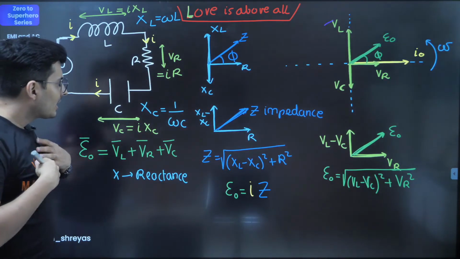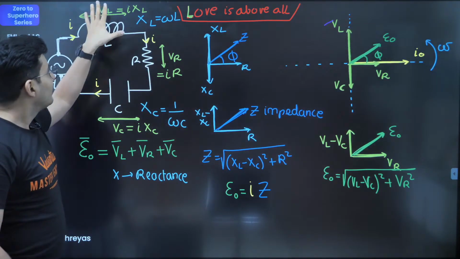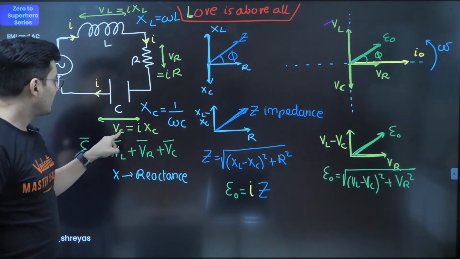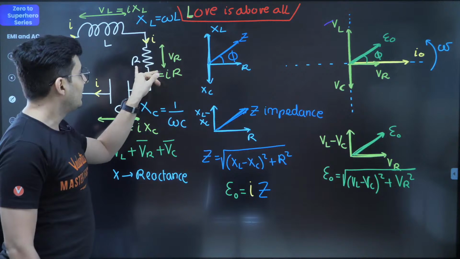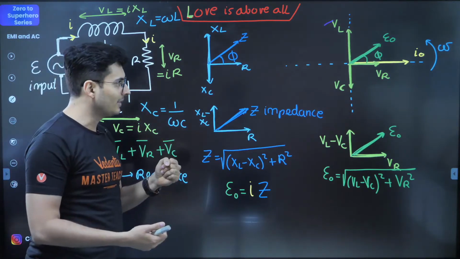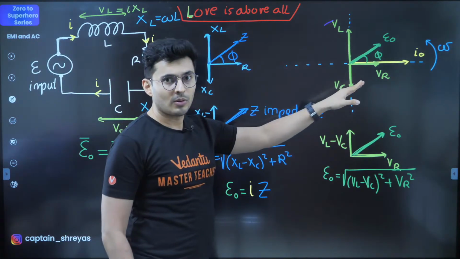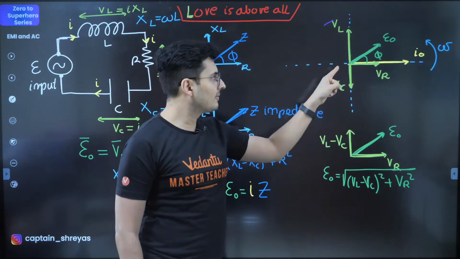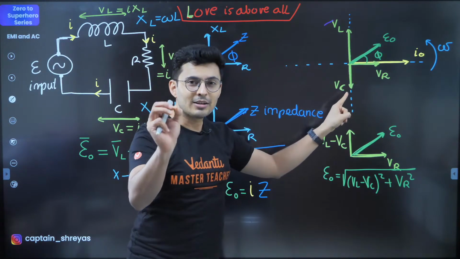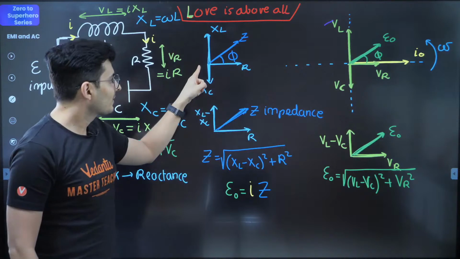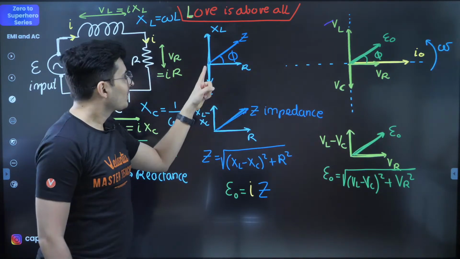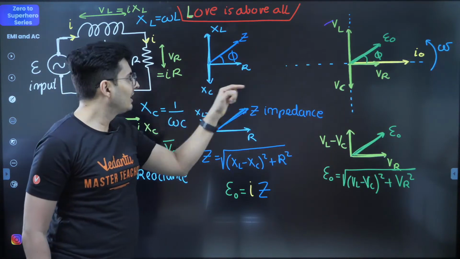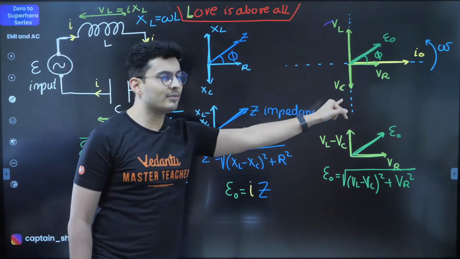Now, talking about the next part, since I know the reactances, XC is 1 by omega C, XL is omega L, and R is R, obviously. Just like you drew the voltage vectors VR, VL, VC, you can draw a similar triangle: resistance in line with VR, XL in line with VL, and XC in line with VC.